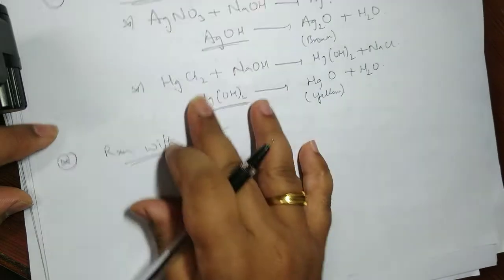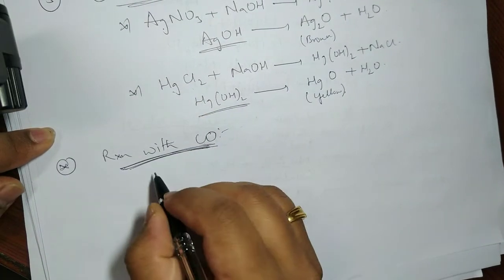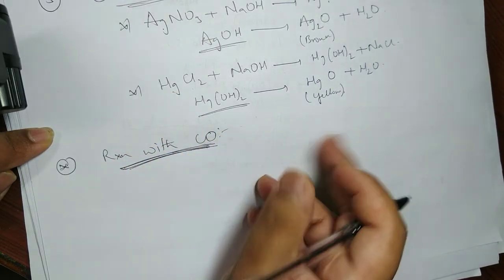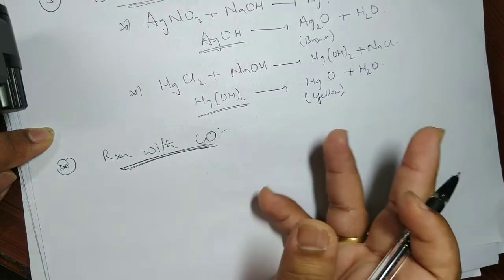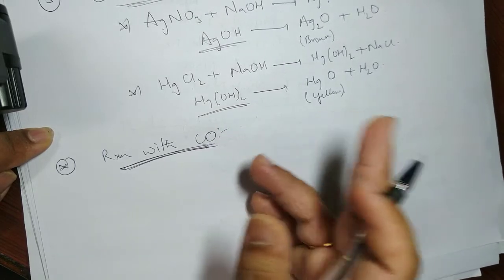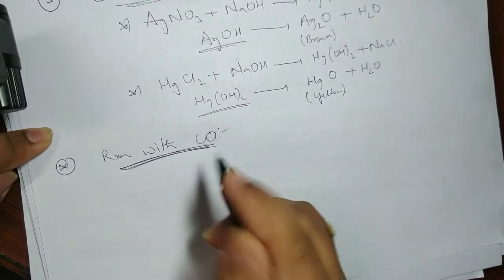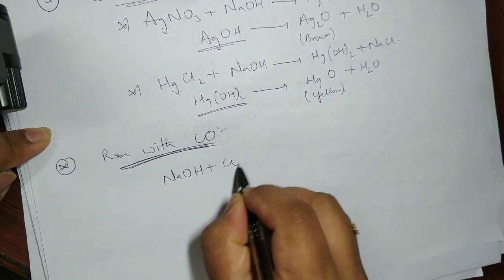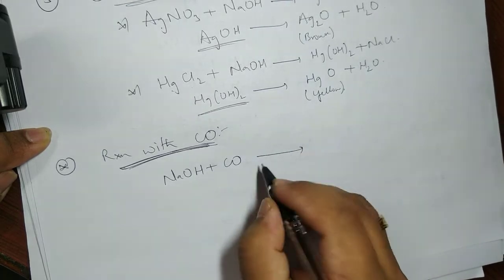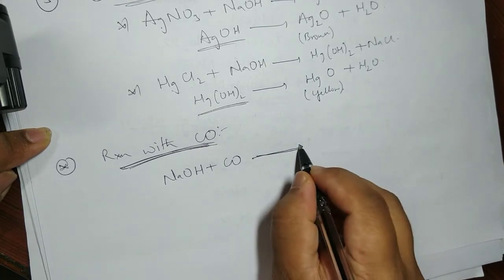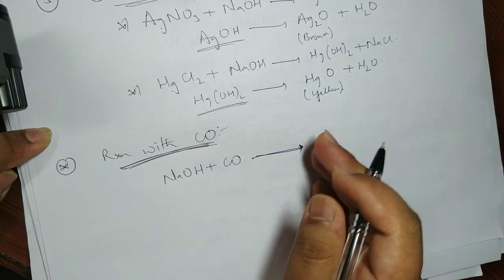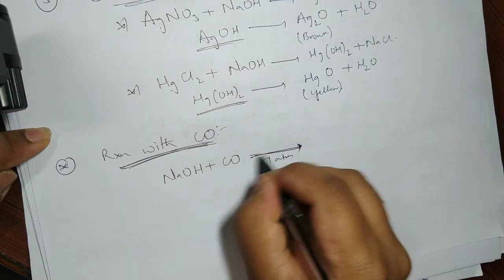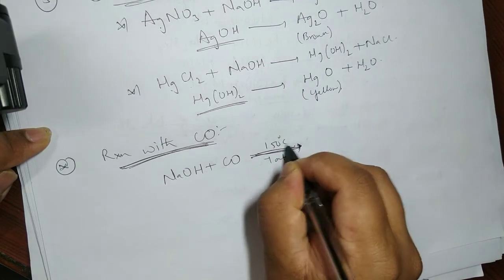So reaction with carbon monoxide: sodium hydroxide forms a carboxylic acid salt. As I told you the other day in the doubt session, NaOH on treating with carbon monoxide, the temperature and pressure have to be high, somewhere around 7 atmospheres, and the temperature around 150 degrees Celsius.